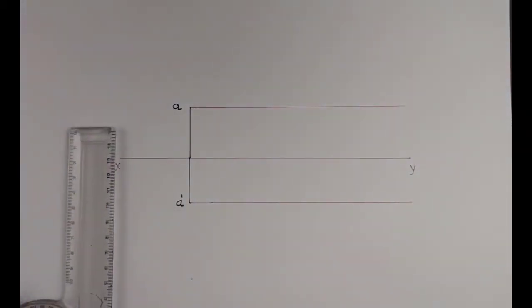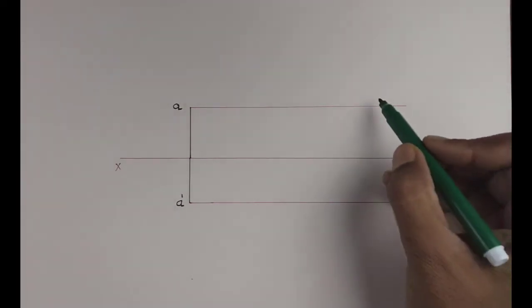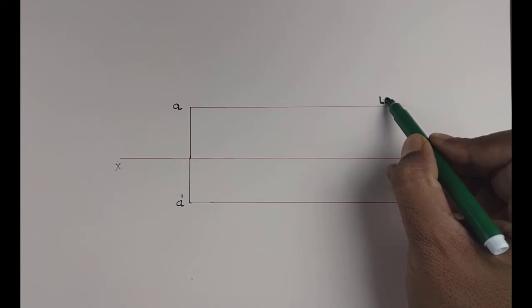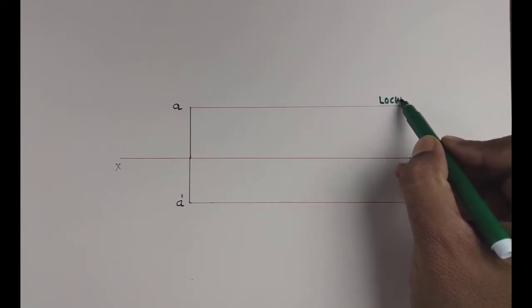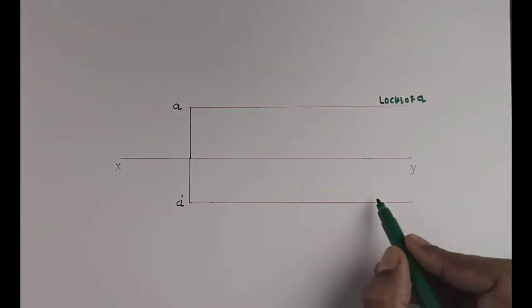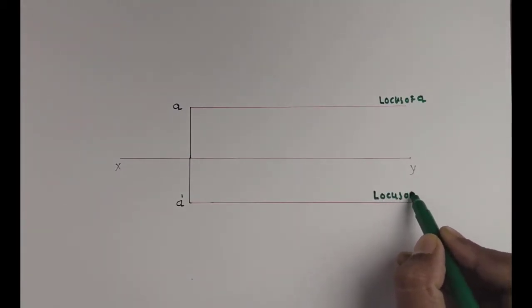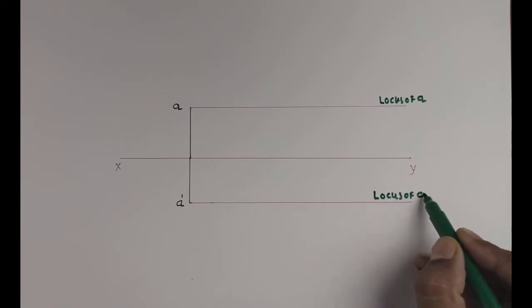And here we write the name of the locus. It is a locus of plan point A, and this is our locus of elevation point A dash.